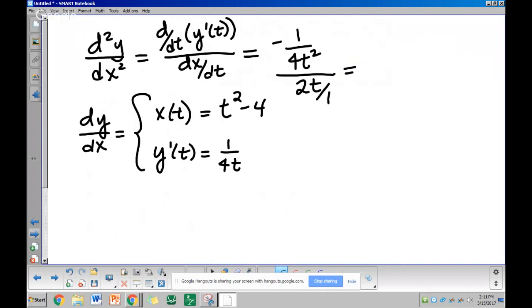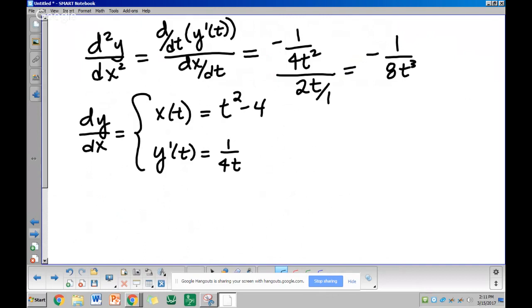So that would be negative 1 over 8t cubed. So then your concavity function, your second derivative, is going to be also a function of where you're standing at time t.